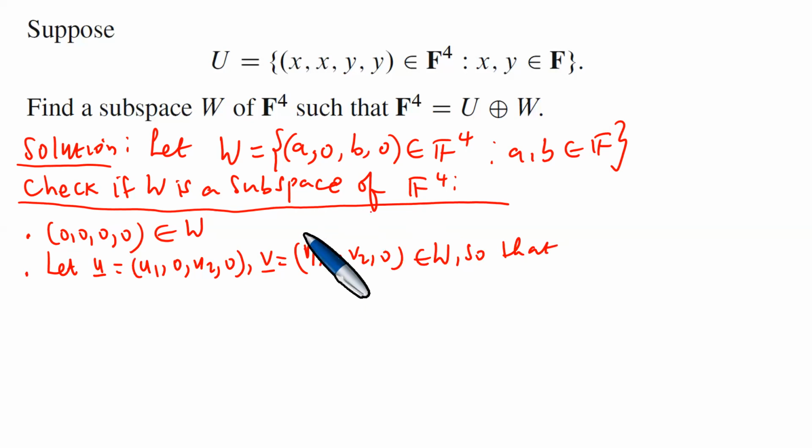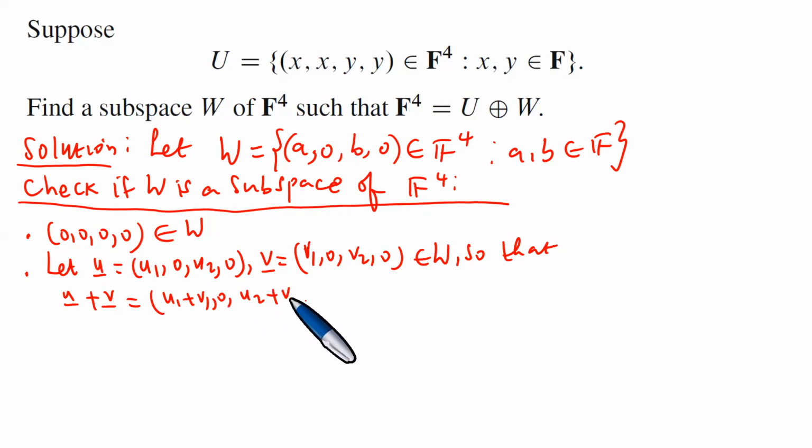With these 2 vectors, we can add them up. So u plus v, using component-wise addition, we will have u1 plus v1, then the second component 0 plus 0 is 0, the third component u2 plus v2, and the last component 0 plus 0 is 0.